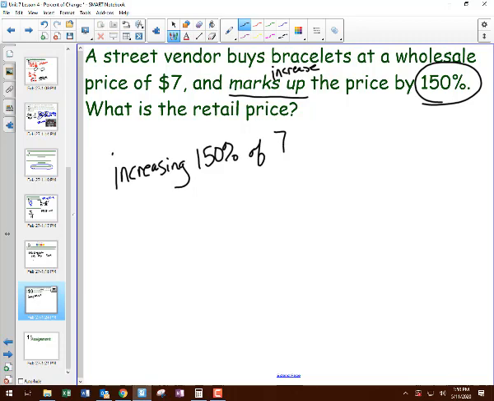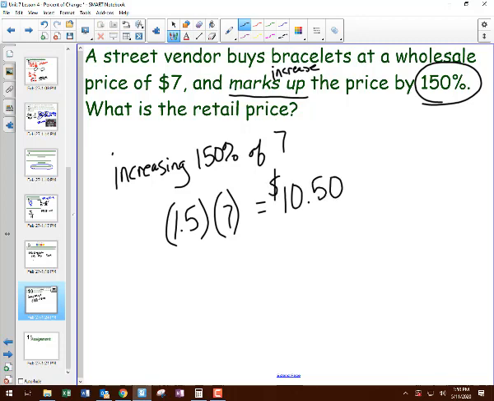All right. So let's turn 150% into a decimal so we can easily multiply this one. That's just going to be 1.5 times 7. Okay, if we work that out, we're going to get $10.50. Now, are we done? No. Okay, this right here is simply the markup.